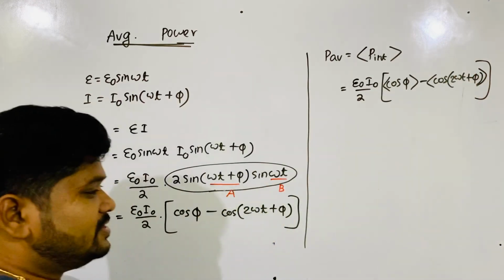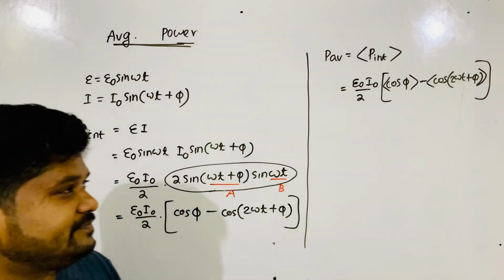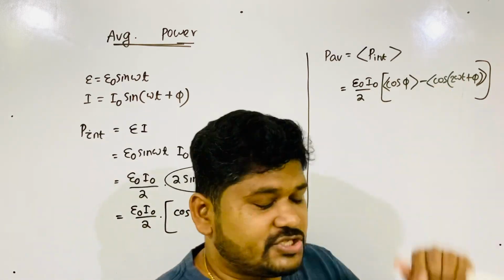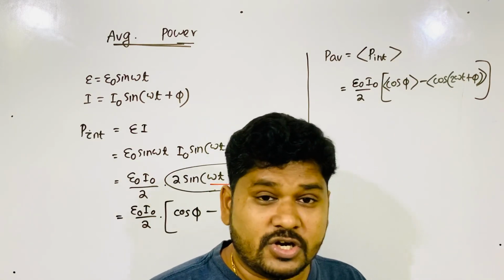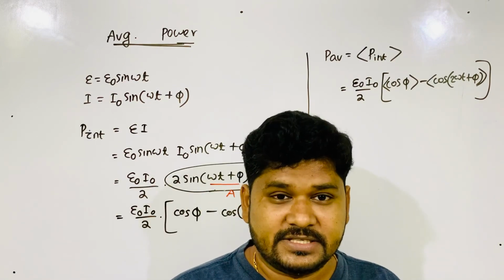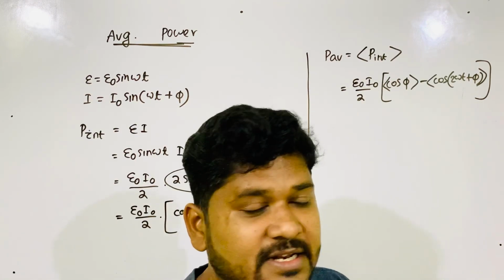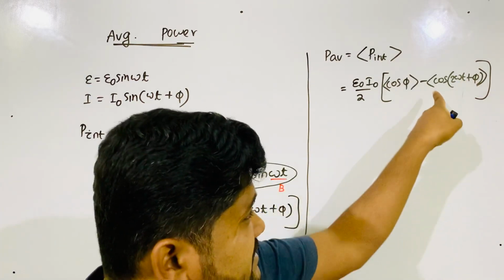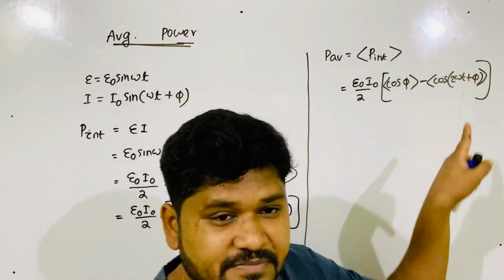So now what happens here? The average of cos(2 omega t plus phi) is 0. It has a positive cycle and a negative cycle, so its average is 0 because it is a function which varies with time.